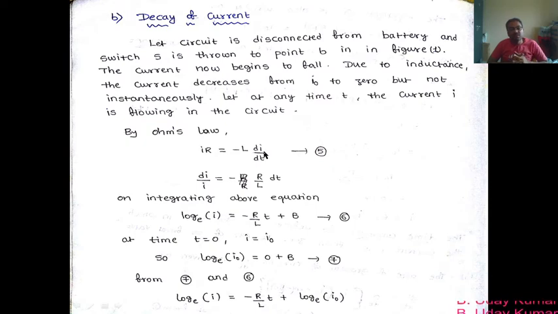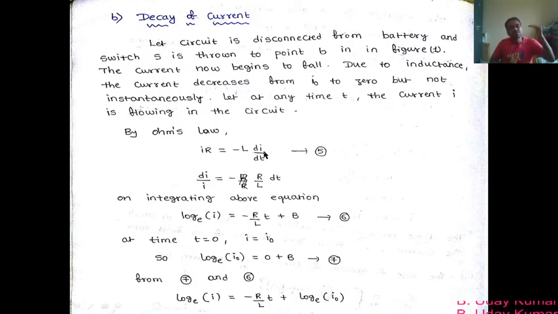In case of growth of current, the current will not suddenly reach its maximum value. Slowly it increases, because the inductor opposes the growth of current. Similarly, because of this inductor, the current will not go from maximum to zero quickly, because again the inductor tries to oppose it.